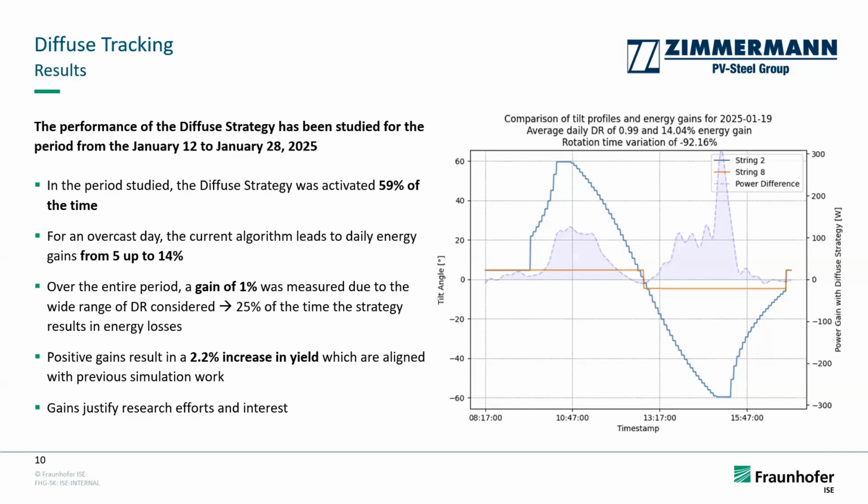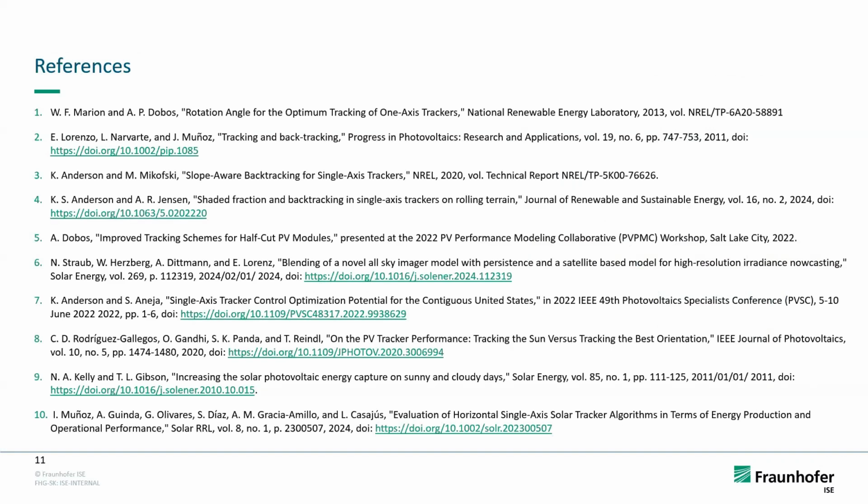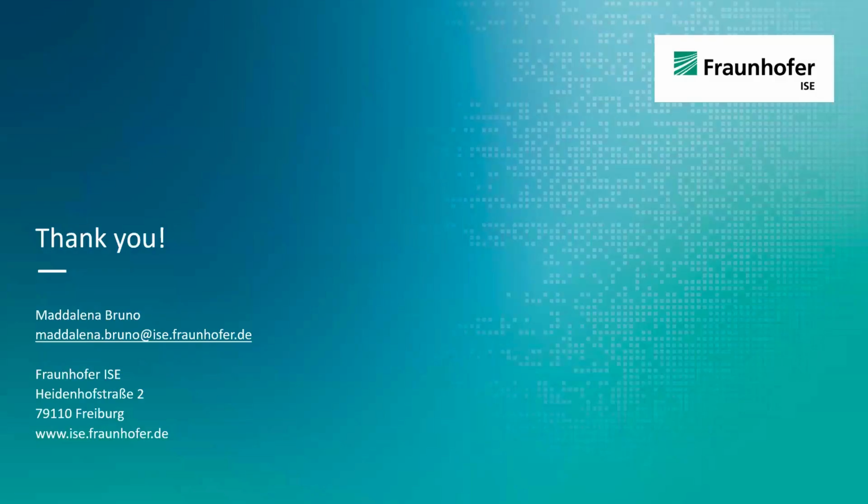However, if we look only at the positive gains, so only at when the diffuse strategy is working correctly, then we have a 2.2% increase, which is an important number, and is also aligned with previous simulated work that we carried out. And therefore, this justified the research effort and the high interest, and finally brings some field experience and some concrete data from our site. Here are all the references used, and thank you so much.